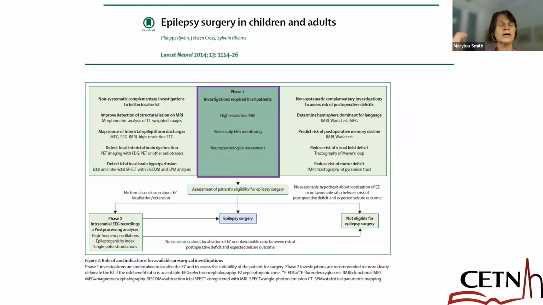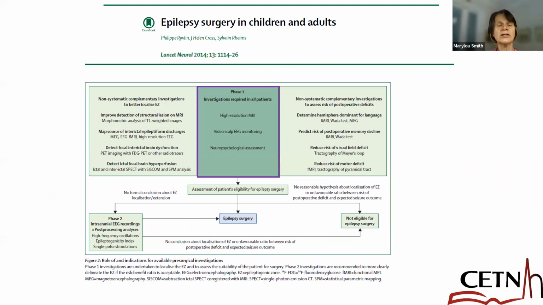So as you are well aware, a patient who is considered for epilepsy surgery has to undergo multiple investigations. This diagram, taken from this article by Philippe Rivlin, indicates the range of investigations that are indicated.